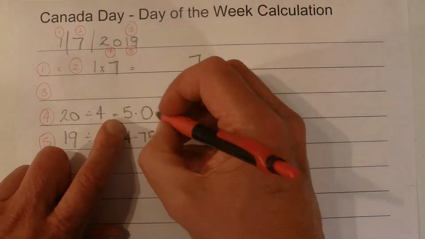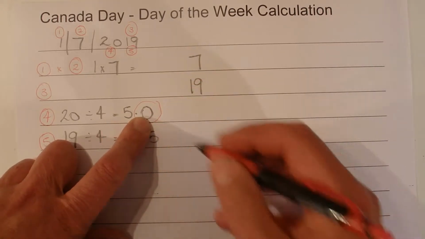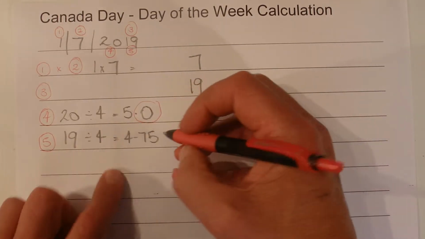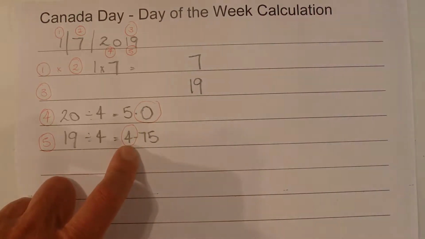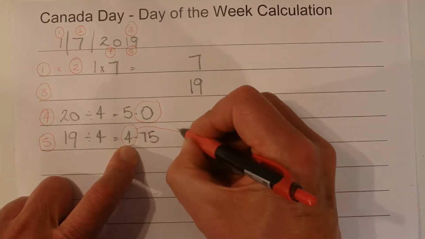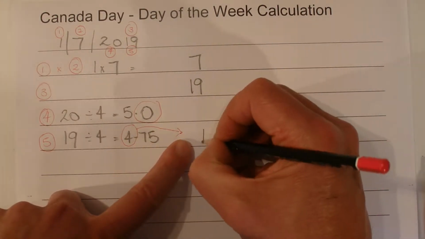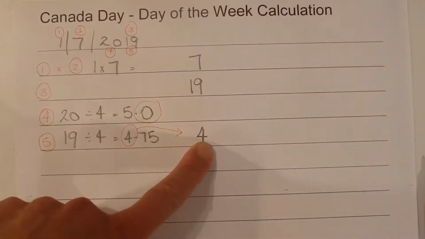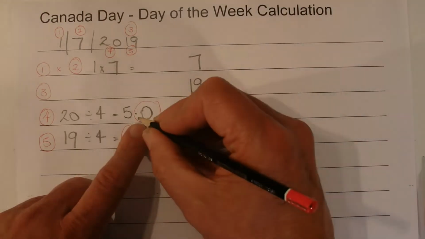For the fourth one, we're only interested in whatever's after the decimal point, not the whole number. And in the fifth section, we're only interested in the whole number, which is the 4. Do the easiest one first: we forget about the 0.75, anything after the decimal place, and just put the whole number, which is 4, over into this totals column on the right.